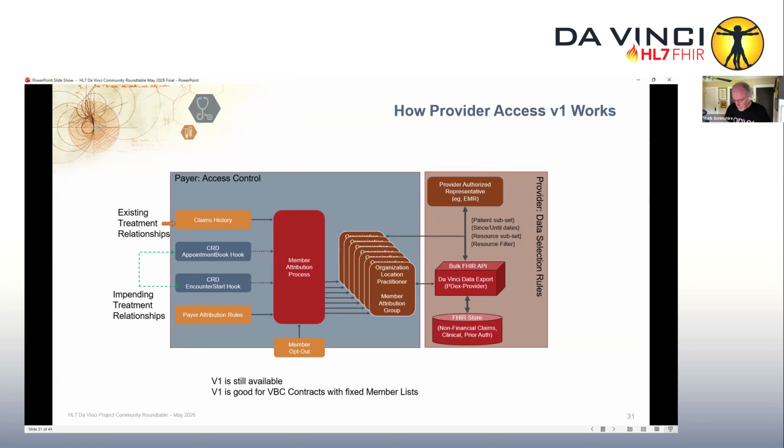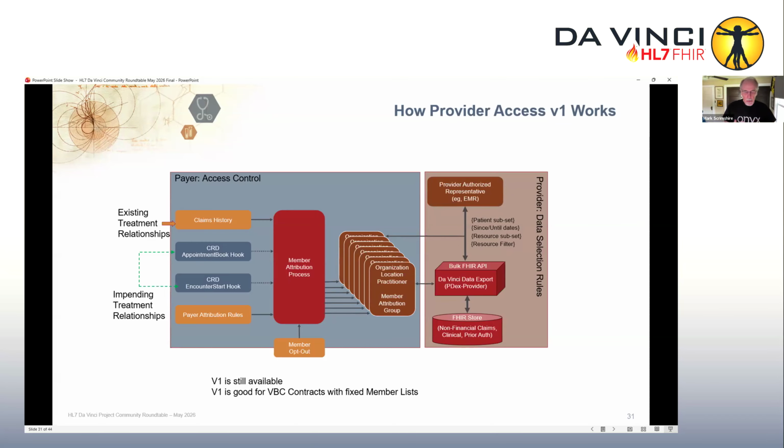Now, that's all well and good, but there were 2 issues, and this is why we came up with version 2. The first is payers felt that there was going to be a lot of management overhead in managing those lists, which could be very, very large. You could literally have thousands of members against a given provider. And they're effectively dynamic because members could be moving around from one provider to another.